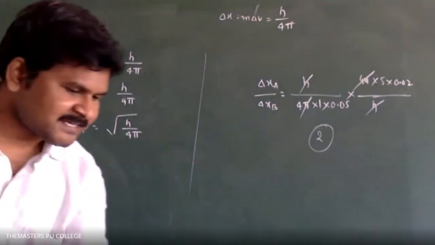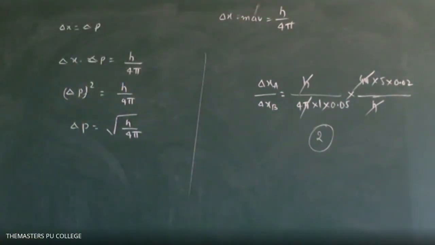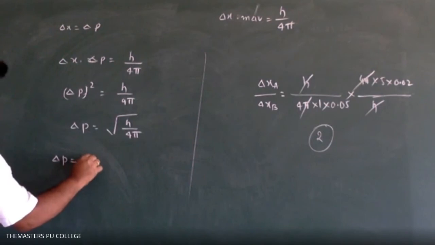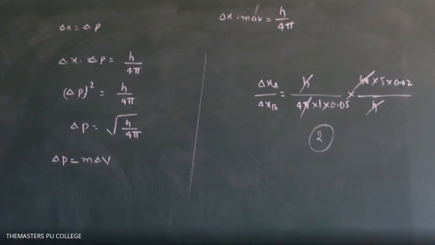What do we want to calculate? Uncertainty in velocity. We know delta p is equal to m delta v. So delta v is equal to delta p by m.